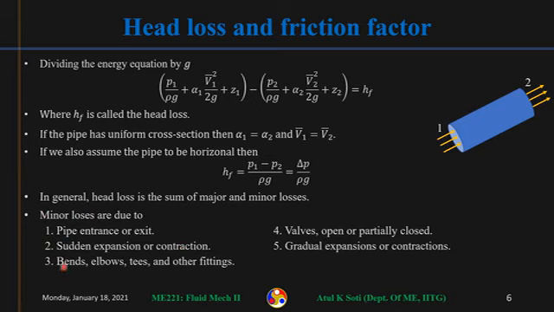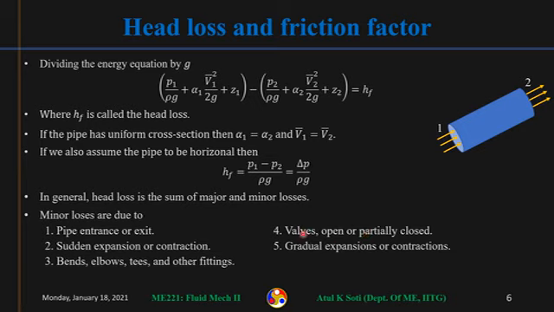Then there will definitely be bends in the pipes. Whenever there is some piping, you will have to bend it somewhere. For example, in your house you can see that pipes will definitely have bends. Those bends also will lead to some losses. Valves, definitely you have valves like your taps, to allow the flow to happen or to close the flow.